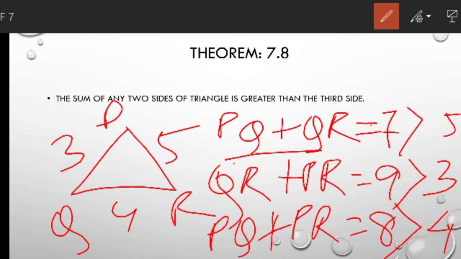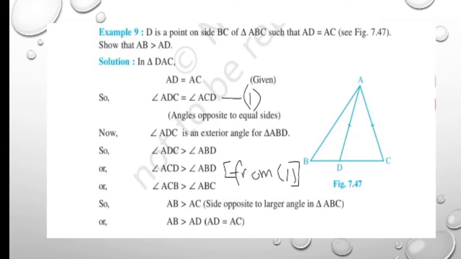So the sum of any two sides of a triangle will be greater than the third side, the side that we are not considering in the addition. So this is our Theorem 7.8. Now let us move on with one example relating to the inequality.